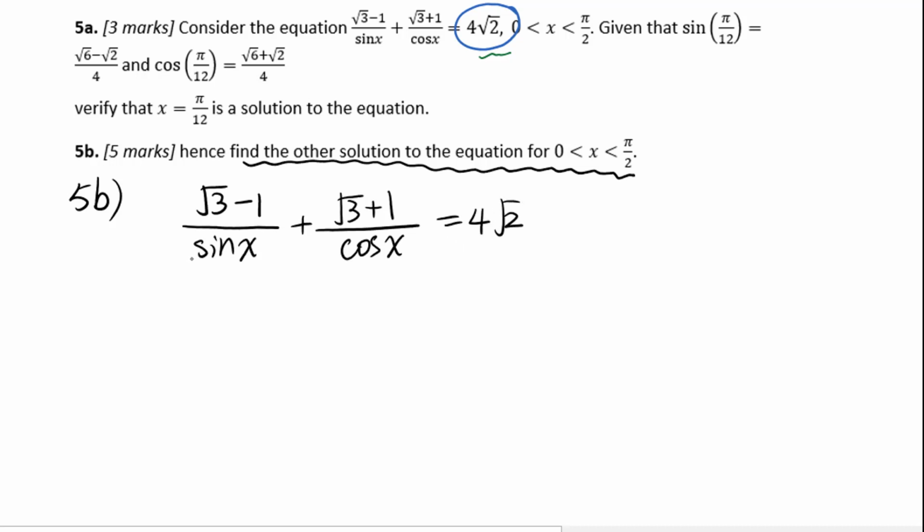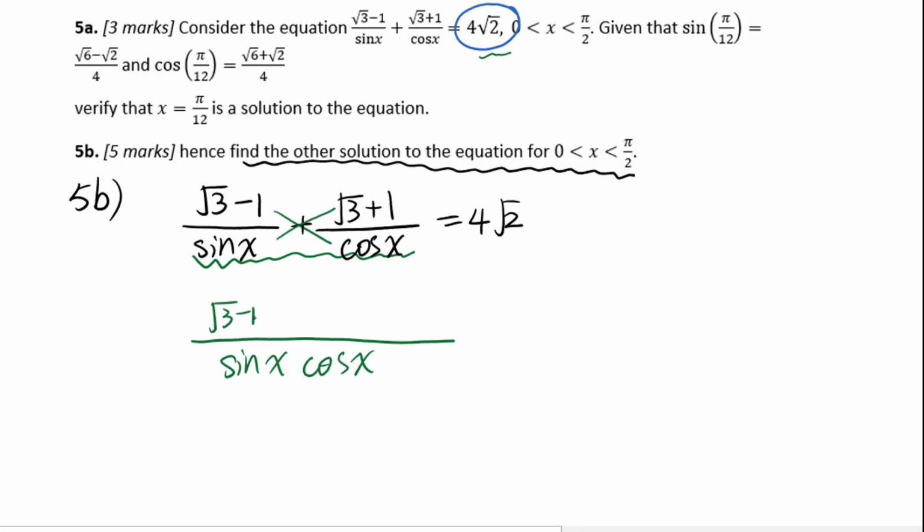First of all, we will work out this addition of a fraction. So we have sin x cosine x as a denominator, cross multiply. You will get square root of 3 minus 1 times cosine x plus square root of 3 plus 1 times sin x equals 4 square root of 2.